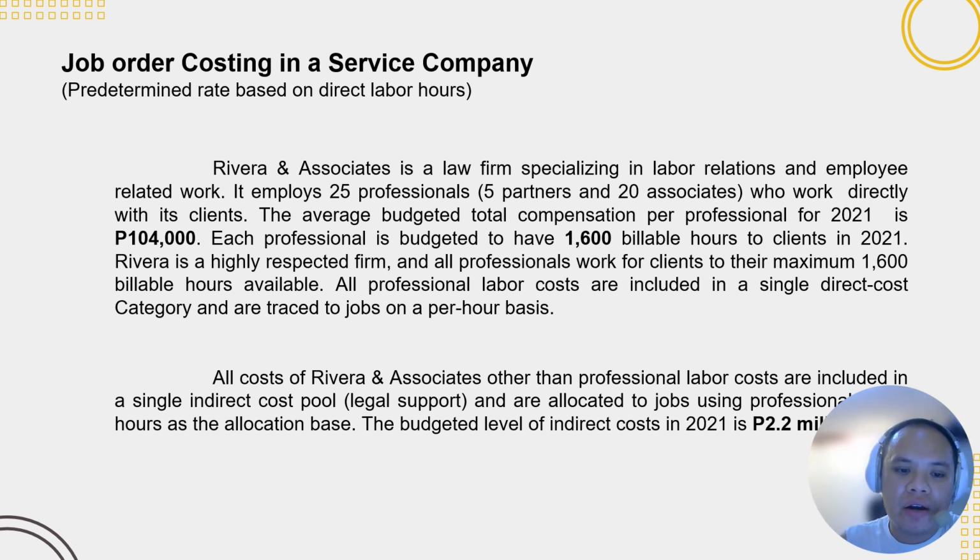All costs of Rivera and Associates other than professional labor costs are included in a single indirect cost pool, the legal support, and are allocated to jobs using professional labor hours as the allocation base. The budgeted level of indirect cost in 2021 is 2.2 million. In this problem, aside from the predetermined overhead rate, we also need to get the predetermined indirect cost rate, because it mentions indirect cost.